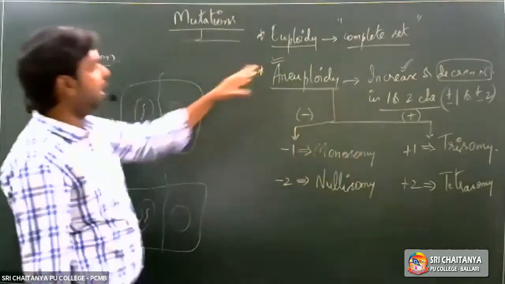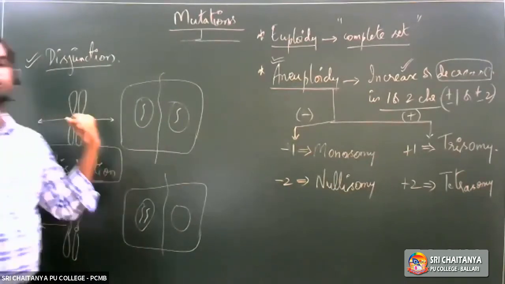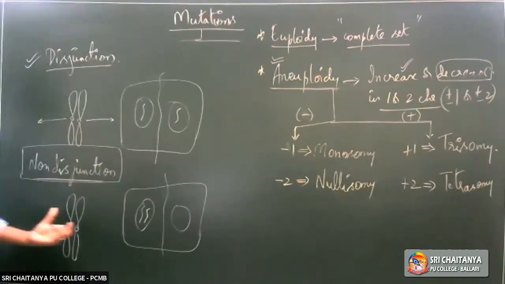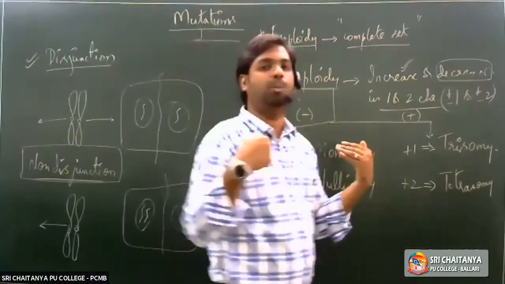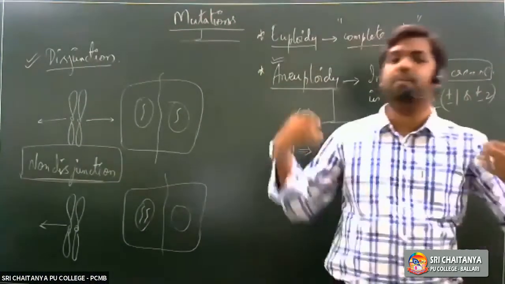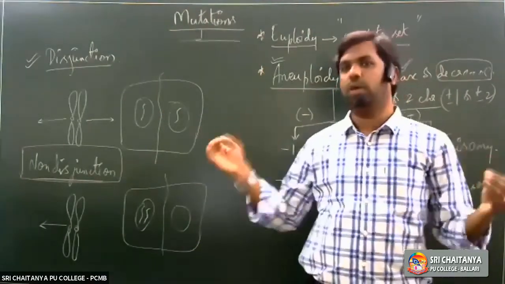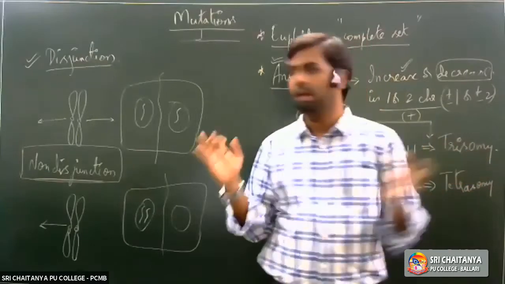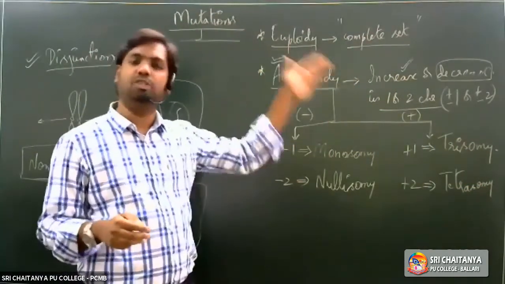And the reason for aneuploidy is non-disjunction of chromosomes. This is very important here. The reason for aneuploidy, either an increase or decrease in the chromosome number, is majorly because of non-disjunction of chromosomes during cell division. So this is what we have as structural as well as genomic mutation.